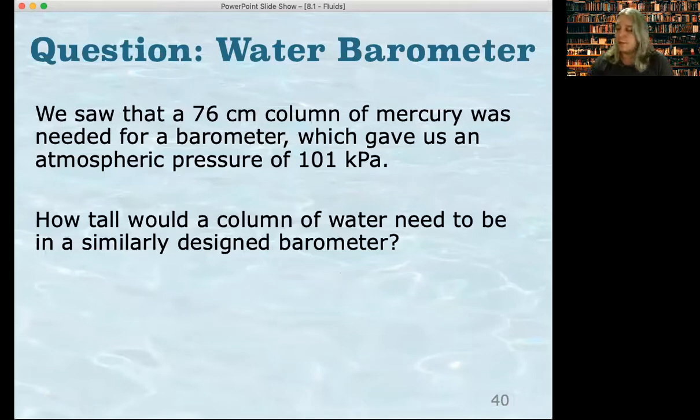Remember, the barometer used the pressure at the bottom of the column, which was just due to that column, and matched it with atmospheric pressure so that they were equal at the same height or same depth. In this question, they're asking how tall the column of water would need to be to make a barometer out of water that was otherwise designed in the same way.